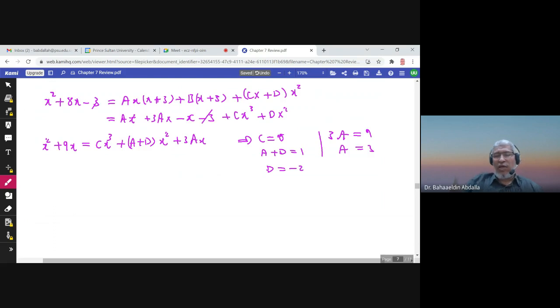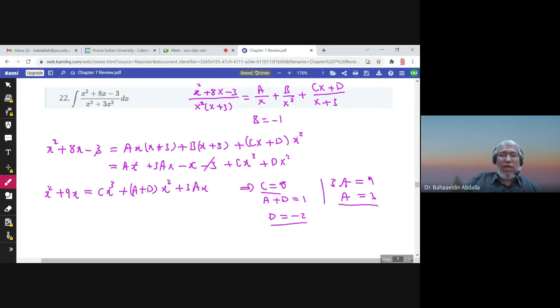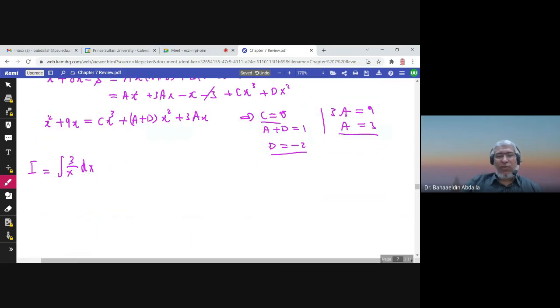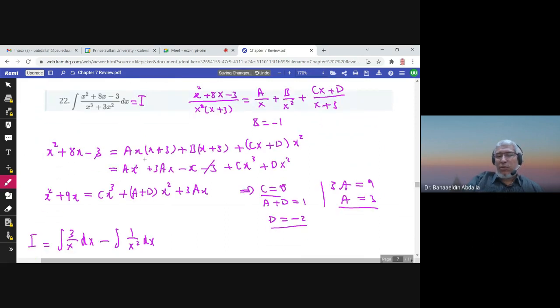So I have a, d, c, and b. So I can write this integral, which is I, equals integral a over x, and a is 3, plus integral b over x squared, and b is -1. c is 0, and d is -2.